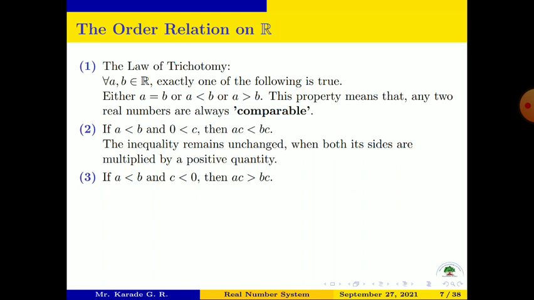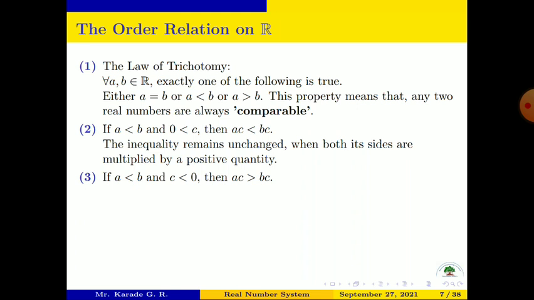If a is less than b and there is a number c which is less than 0, and we multiply this inequality a is less than b by c, then the inequality gets changed and ac becomes greater than bc. By taking some examples we can verify this.